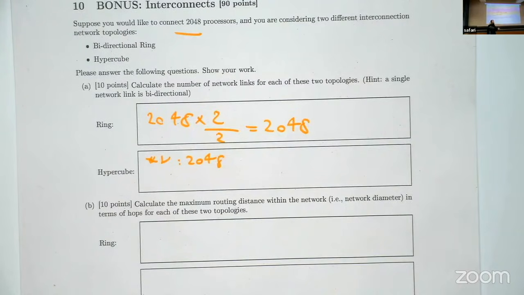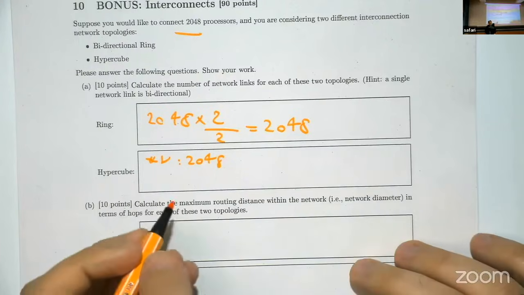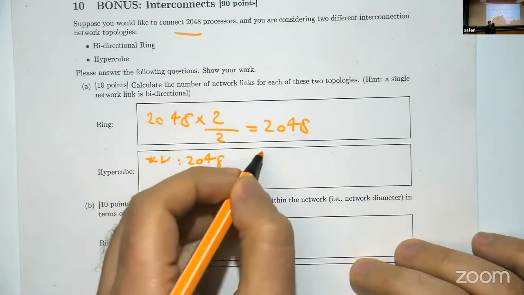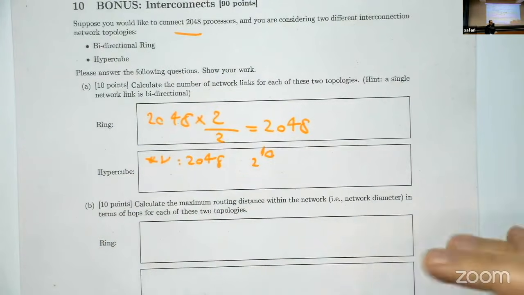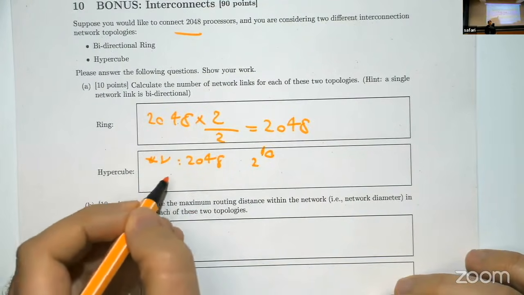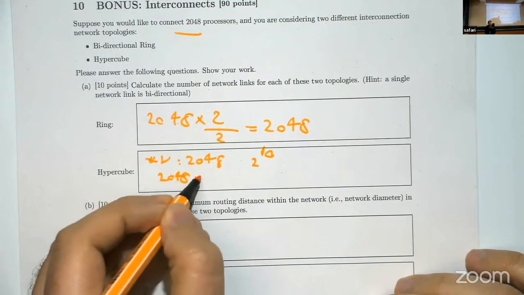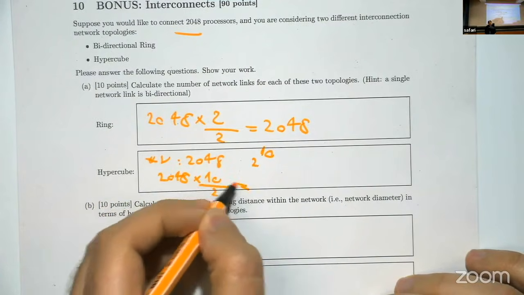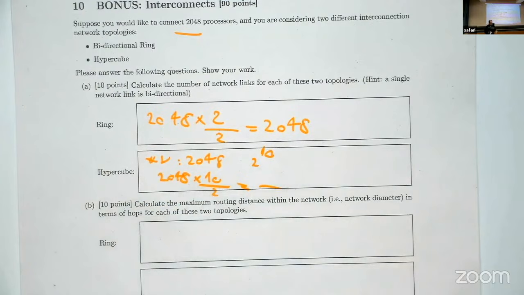Because in hypercube, we need to formulate it as 2 to the power n. When we have 2048 nodes, it's 2 to the power 11, so n is 11, and we have n neighbors for each node. So the answer would be 2048 times 11 divided by 2. You don't need to calculate the final result.